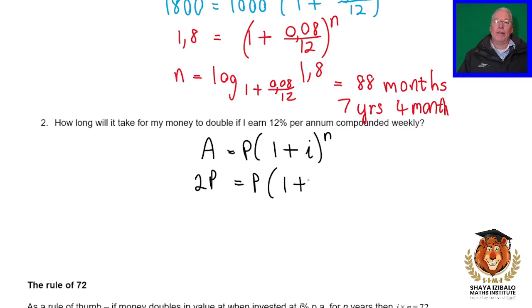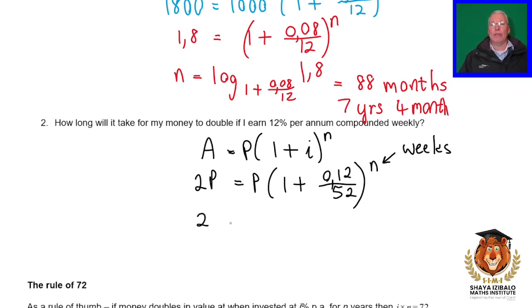Now, our interest rate is 0,12, but we're going to divide by 365. No, not by 365, not daily. Weekly, we're going to divide by 52. And then we're going to raise this to the power of n. And this n here is the number of weeks. Now we're going to divide both sides by P, and notice we just get 2.